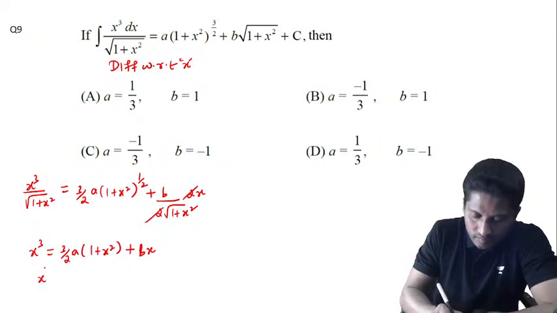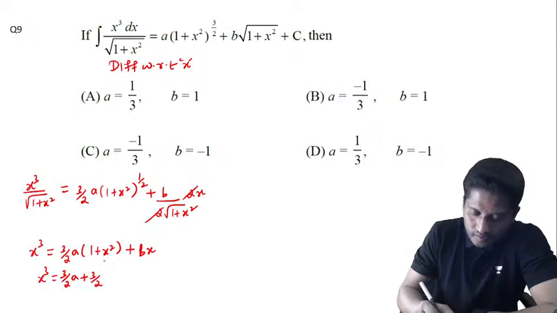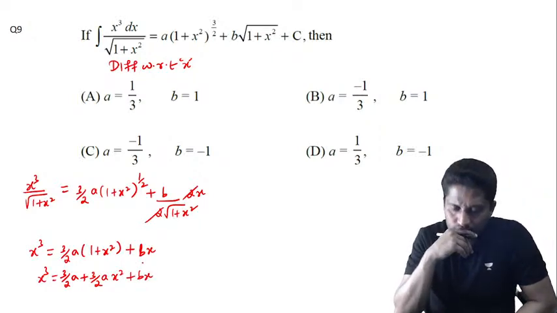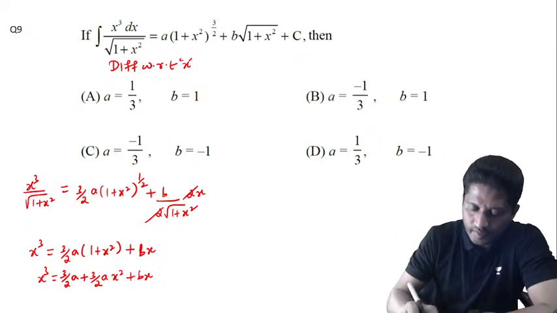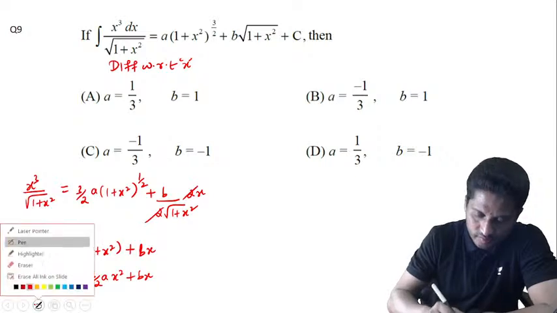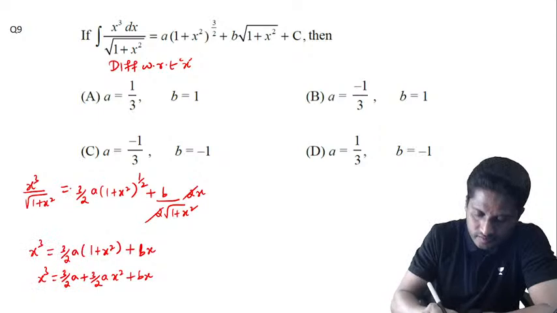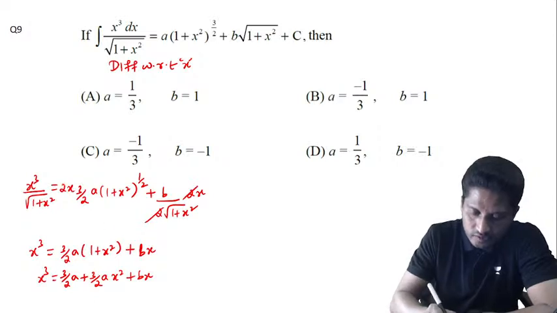So this is x cube is equal to 3 by 2 into a plus 3 by 2 a into x square plus bx. I left out 3 by 2 into differentiation of x square is 2x. Okay, into I left out is 2x. Differentiation of x square is 2x. Let me write here. This is 2x. This 2 and 2 cancels.